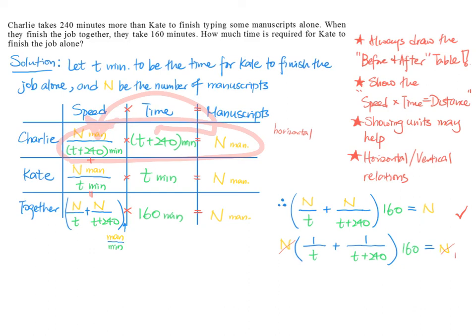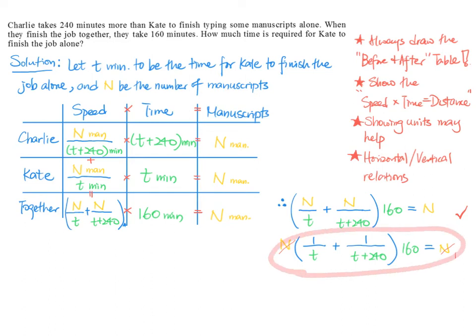That's the horizontal relations to come up with the next box. And for vertical, it's this one, right? You go from this here and you go to this. So it really depends what information you start with. And finally, when you're done solving this quadratic equation, always check your answers mathematically or in terms of the context of the question, all right?